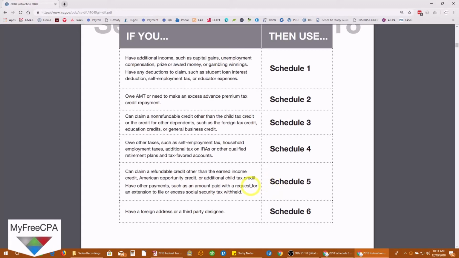Schedule 5, a refundable credit. Now, refundable credits are phenomenal because even if you have zero income and zero taxes, but you have a child, the government will still give you money for that child.